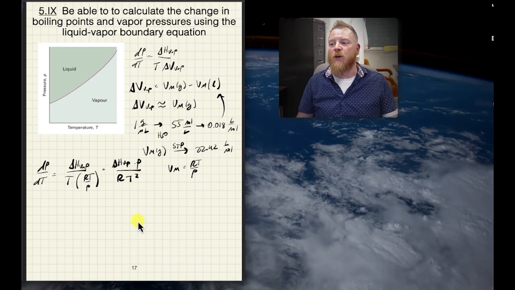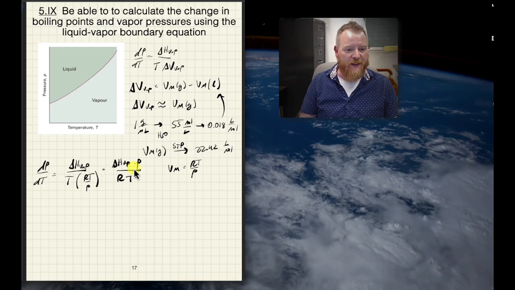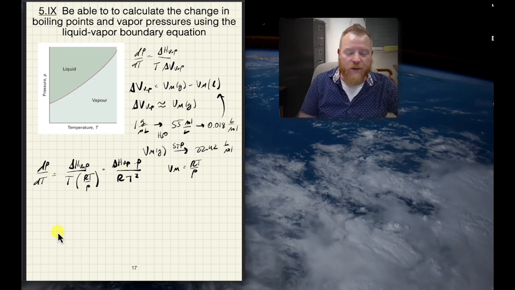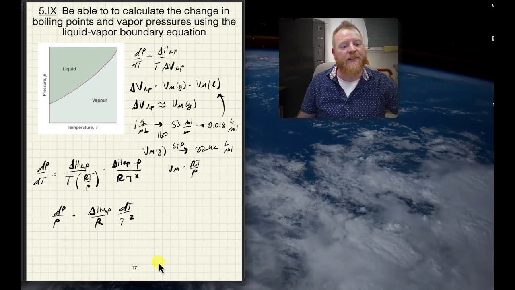Now separating these things, I have a P to keep with the P and a T to keep with the T. So that is now dP over P, and I'll move the dT over to this side. That becomes delta H of vap divided by R times dT over T squared.